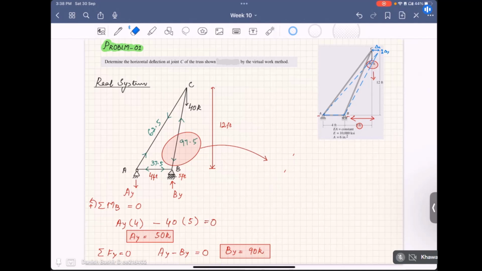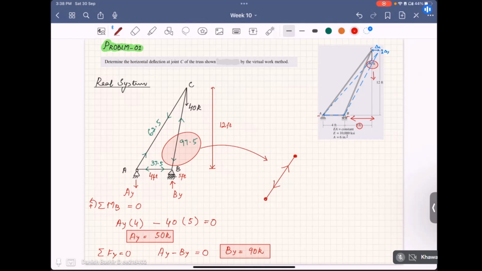Here I will show you once again. So this member force is towards the joint. If we draw this member, it was like this, and the member is attached to the joint.